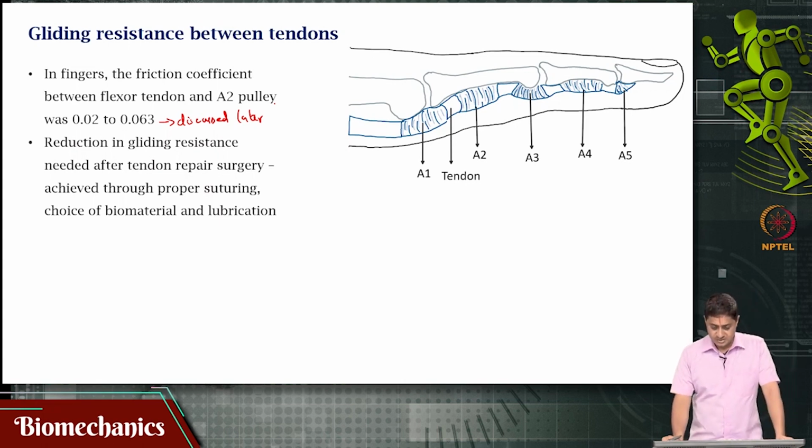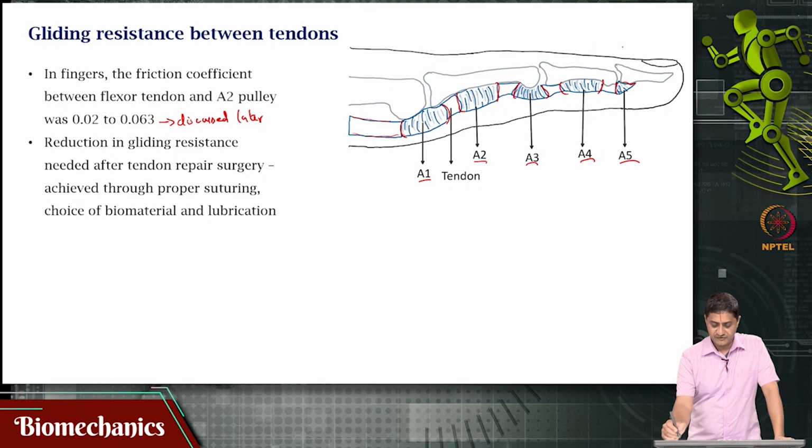What is shown here is the tendon of the fingers, and these are the various pulleys through which the tendon glides over, through which the tendon traverses. These are called the A1 pulley, A2 pulley, A3 pulley, A4 pulley and A5 pulley.